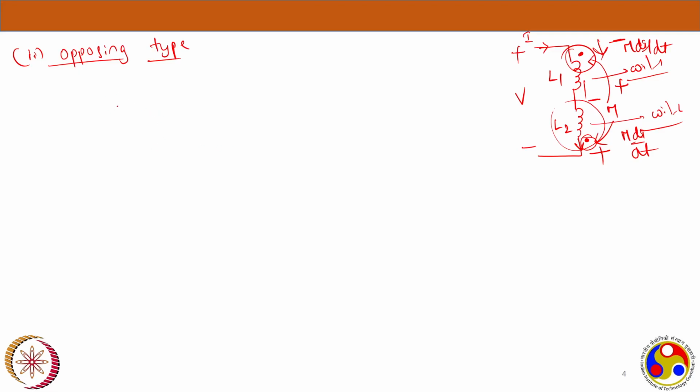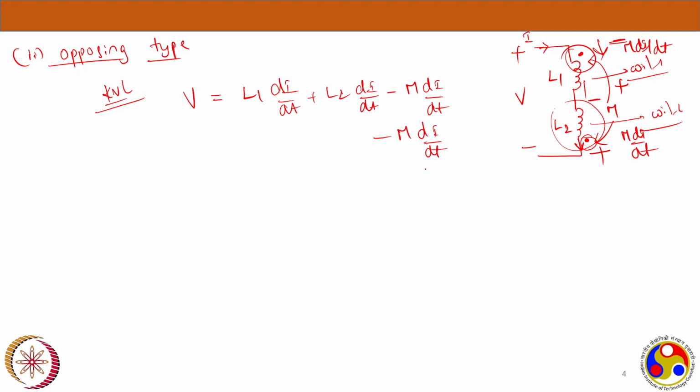Let's write quickly the KVL equations. KVL: there is a voltage applied, V equals self-inductance remains the same, L1 di by dt plus L2 di by dt. So we have a negative mutual induced voltage for coil 1 and then another negative mutual induced voltage for coil 2.